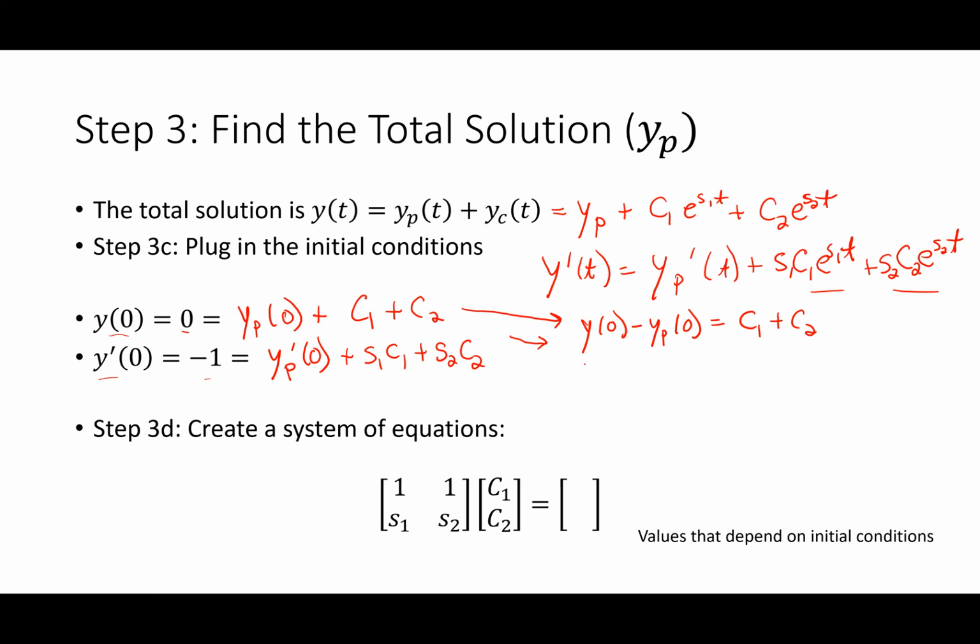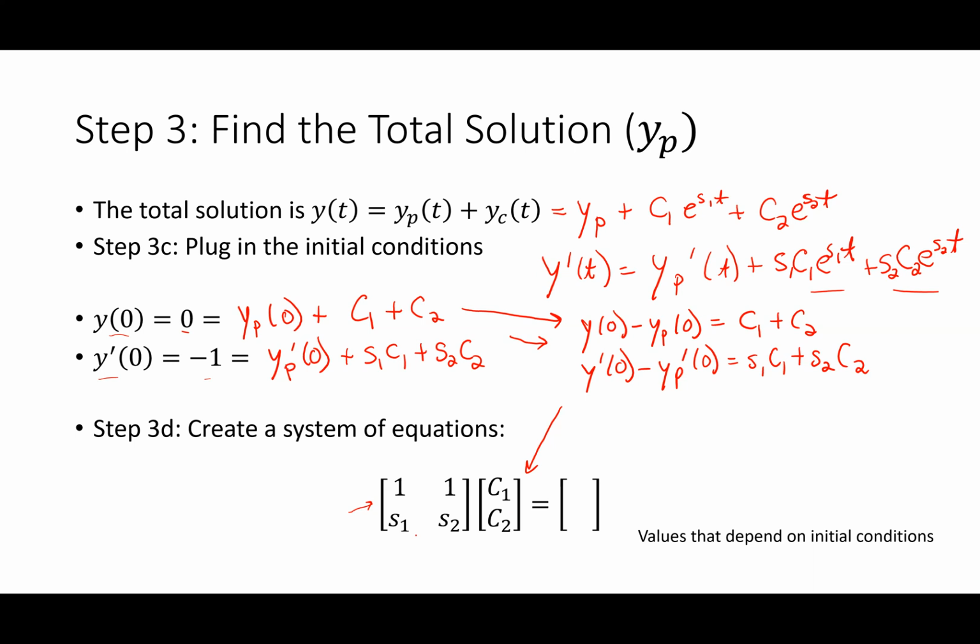And then I have y prime of 0 minus yp prime of 0 equals s1 c1 plus s2 c2. So I can create a nice system of equations from that that has this form right here. My two variables I'm solving for are c1 and c2, and the matrix in front of it is 1, 1, s1, s2.